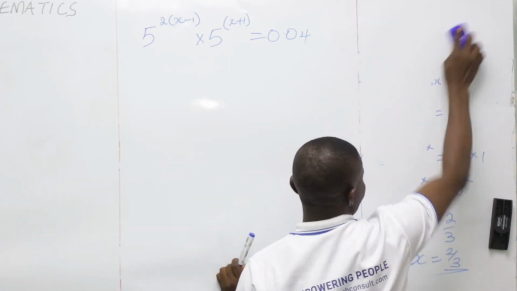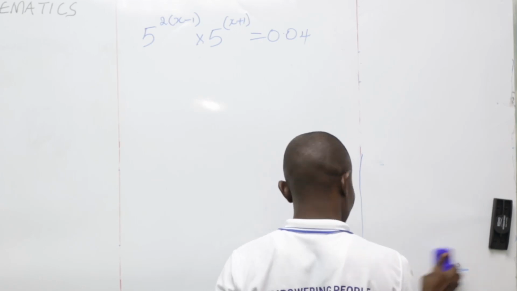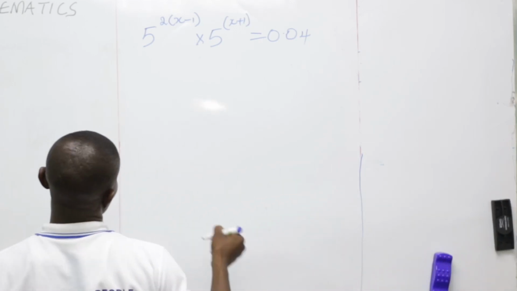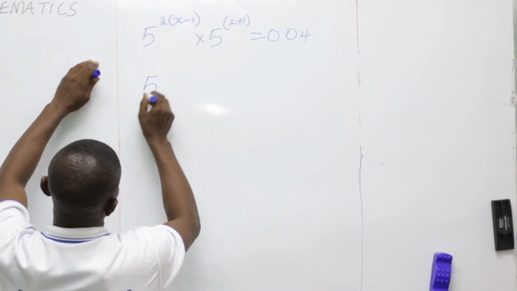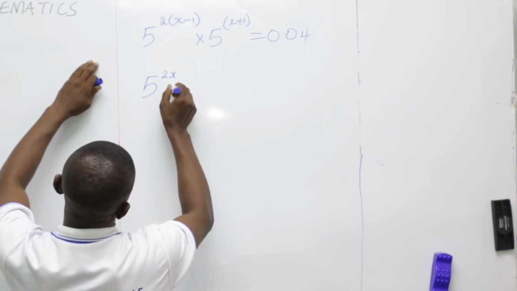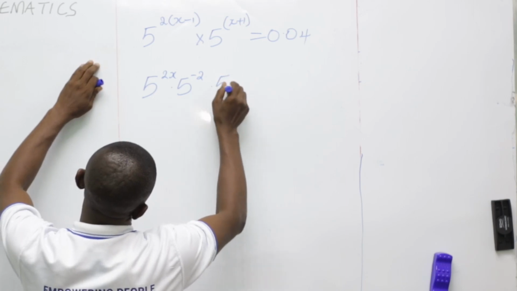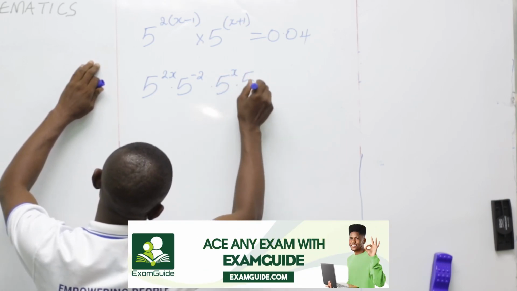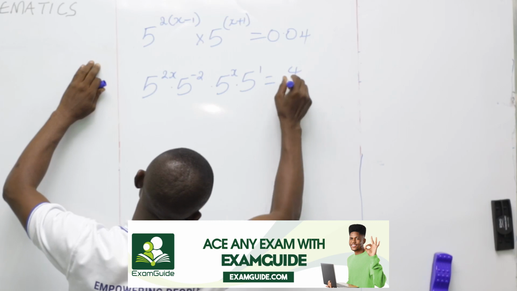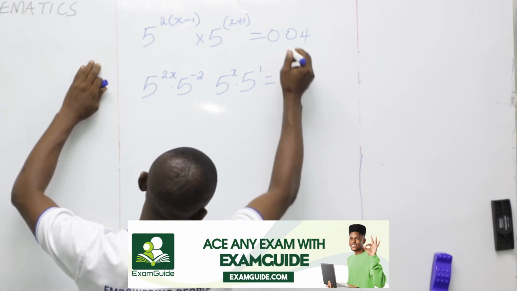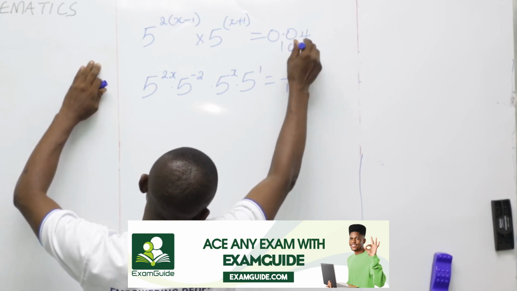So what do you have? You have 5 power 2x dot 5 power minus 2 dot 5 power x dot 5 power 1 equals 4 over 100.